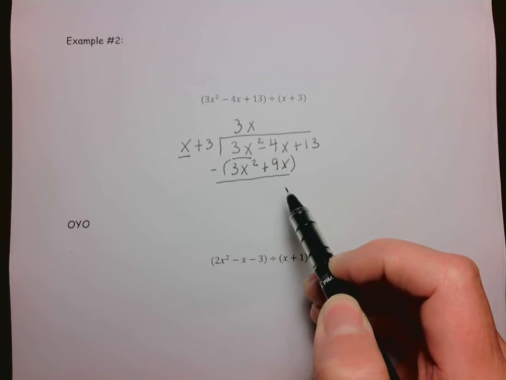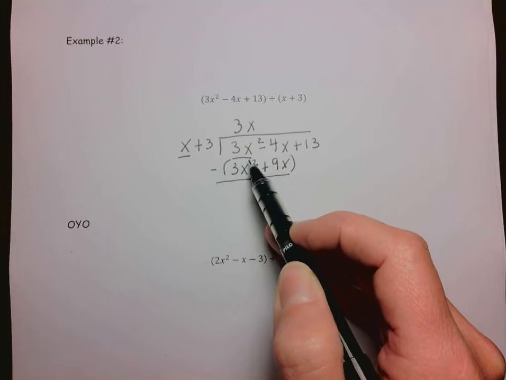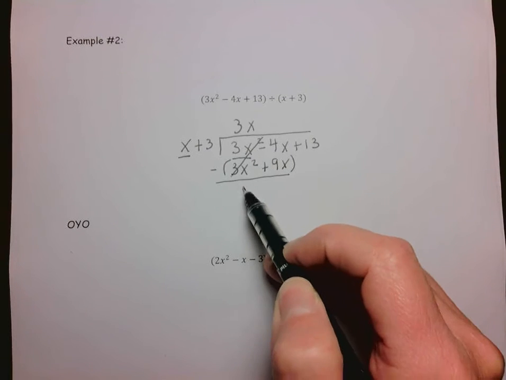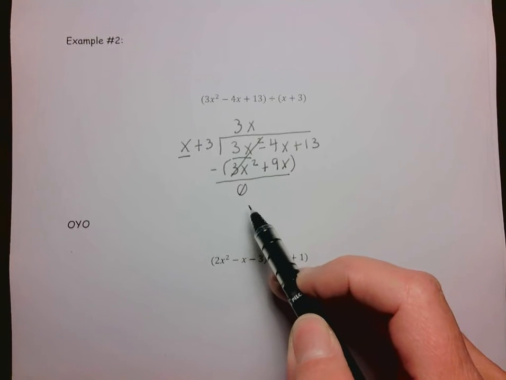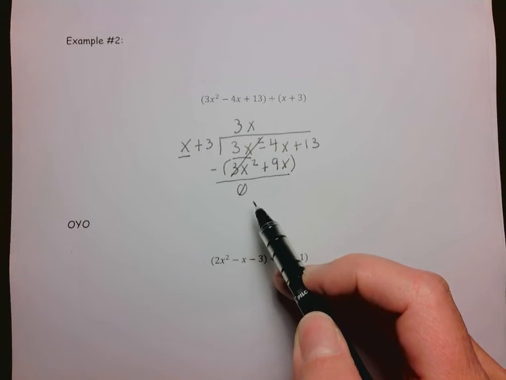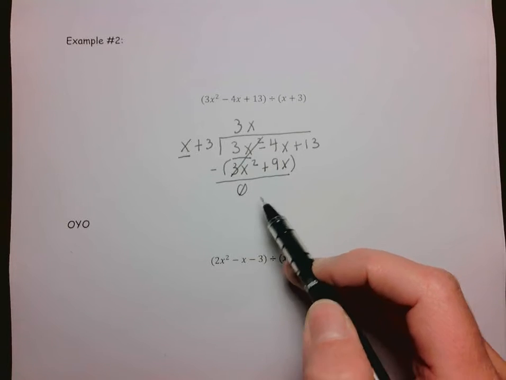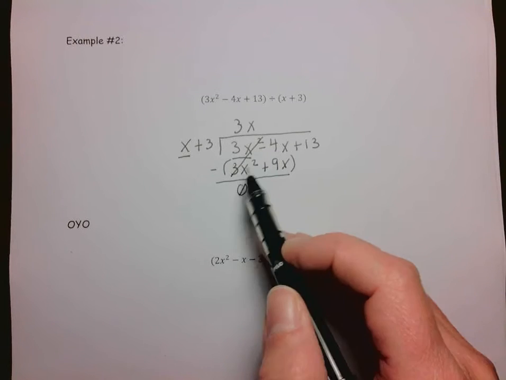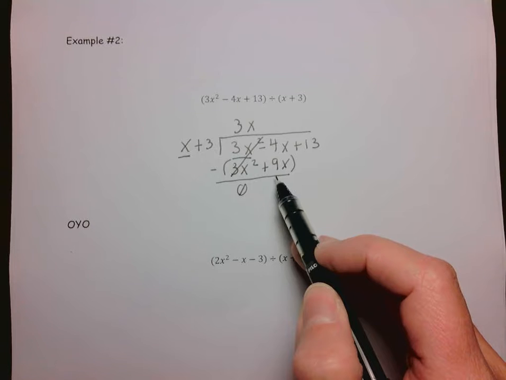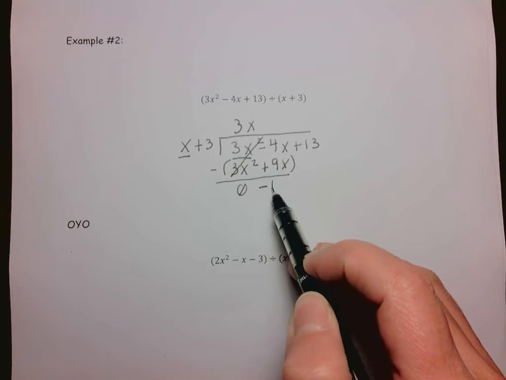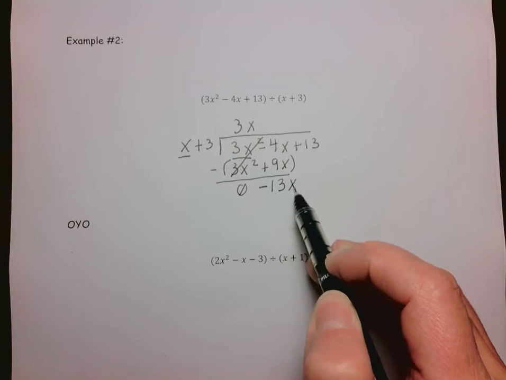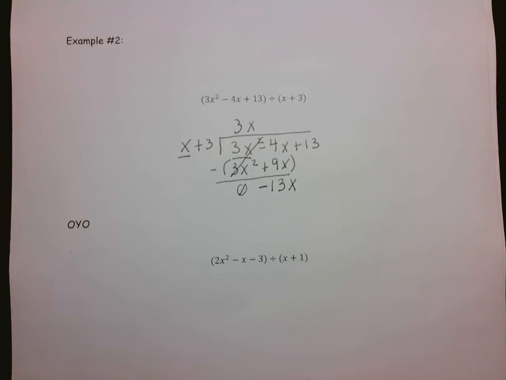And now I subtract them. 3x squared minus 3x squared is 0. Those will always cancel out because that's what you're trying to do. Now I'm going to take negative 4x minus 9x, which is negative 13x.